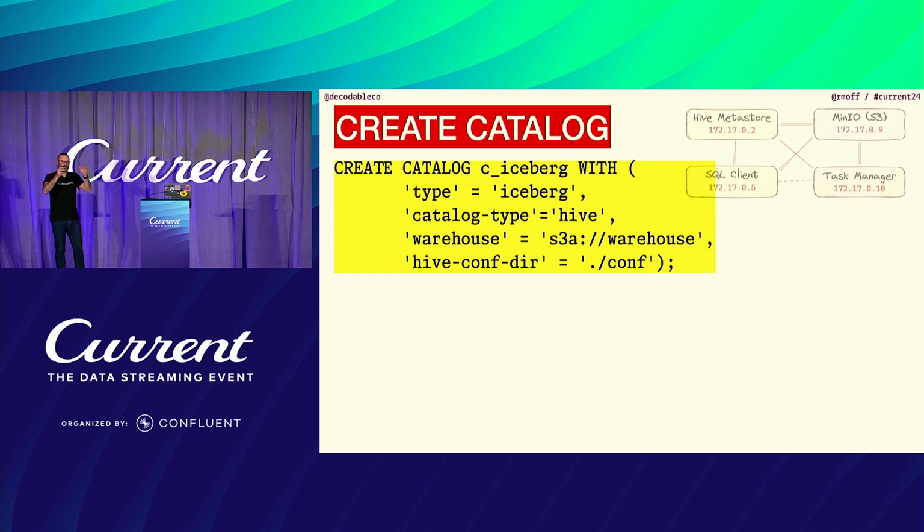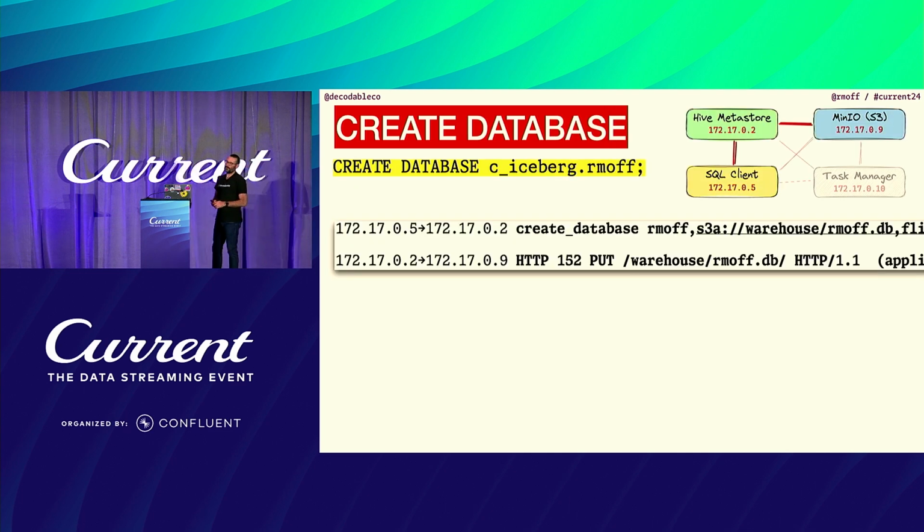So we say create catalog, and there's no network traffic yet. That's just saying it's an Iceberg catalog, and the metadata is held in Hive, and then the data itself is on S3 on this warehouse path. So we say create database, and this is what we saw happen before. It says to Hive Metastore, go create that database.